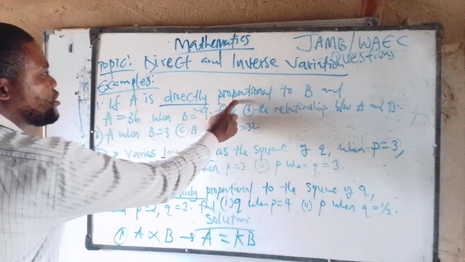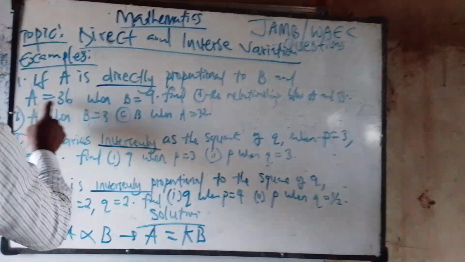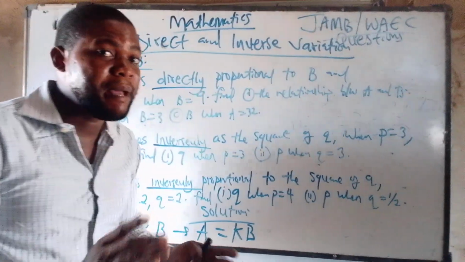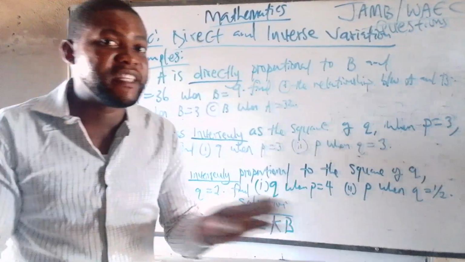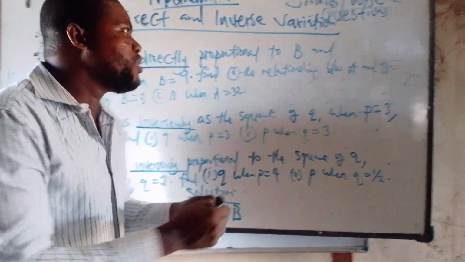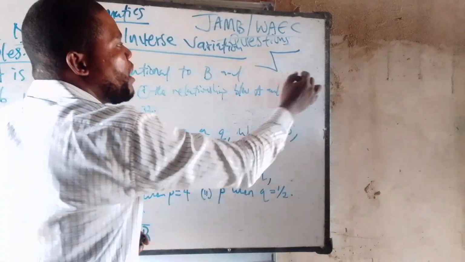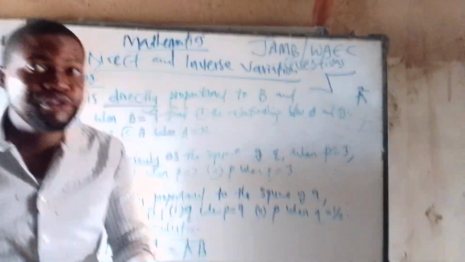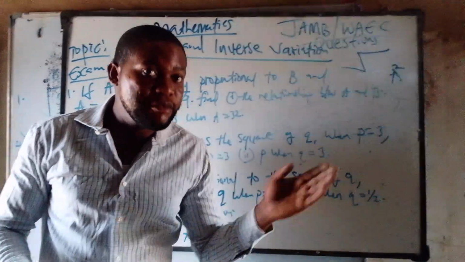If A is directly proportional to B and A is equal to 36, they did not mention square roots, they did not mention square. Remember, square and square root are two different things. Is it square root? Is it cube root? Is it fourth root? You should know from the question.